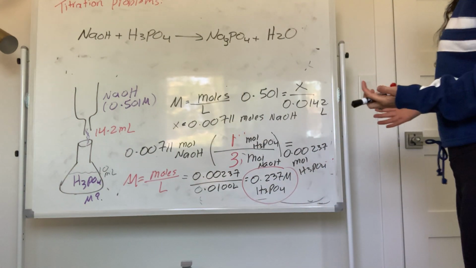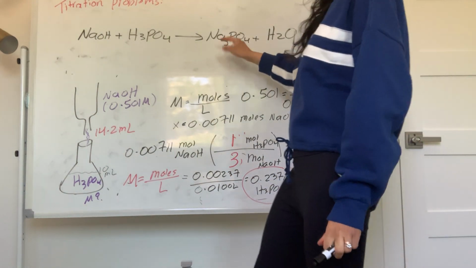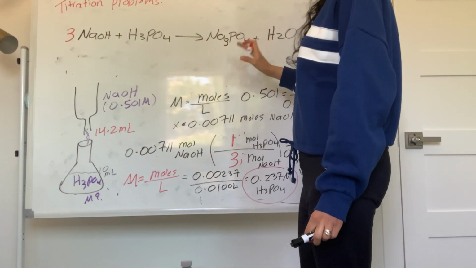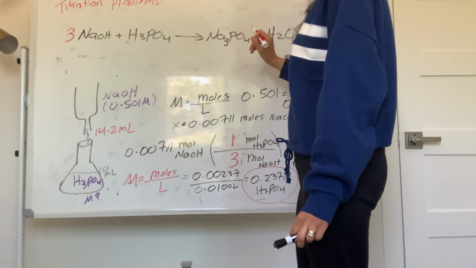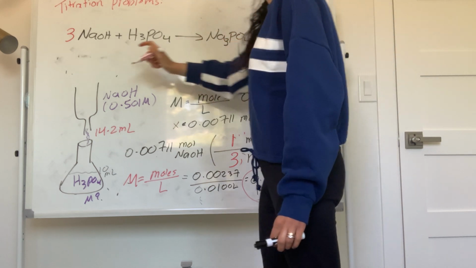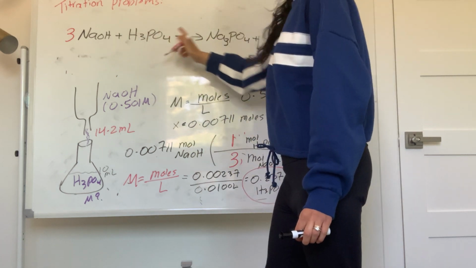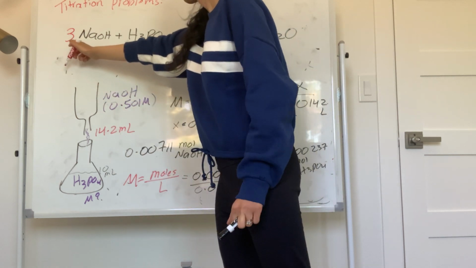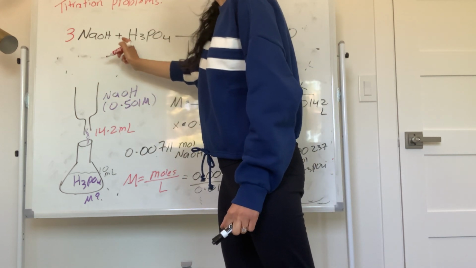Okay, now we have to balance it. I have 3 Na over here, so I put a 3 in front of NaOH over there. Okay, so sodium is balanced, phosphorus is balanced, that's great. How about the oxygen? How about the hydrogen?